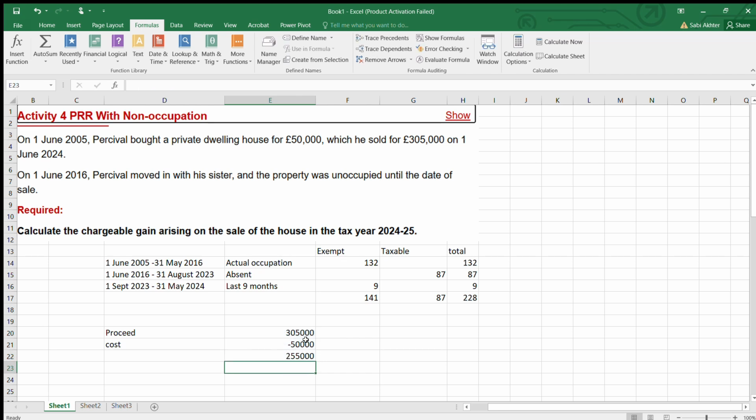Now from here you have to deduct your PRR. So when you're deducting your PRR, how are you going to deduct it? Minus this. On this you multiply the exempt amount. Remember, exempt amount, PRR is exempt, divide by the total. Enter. So this number is in decimal, just drop down the decimal.